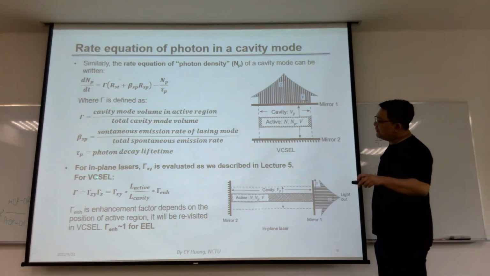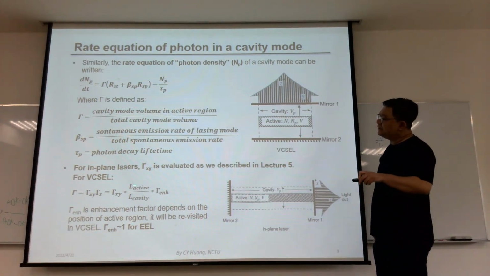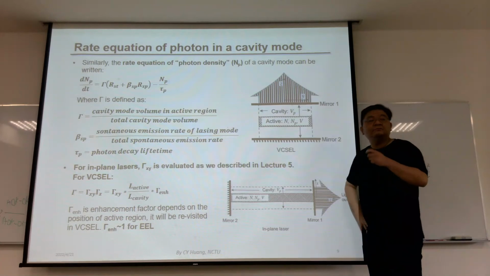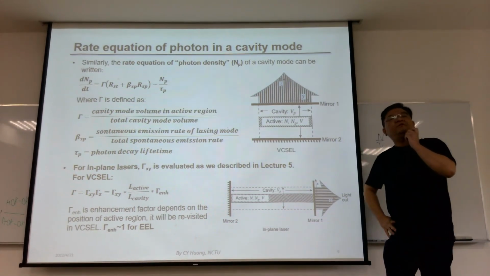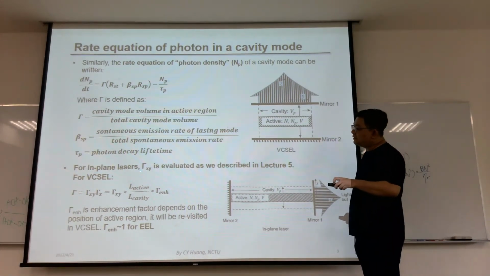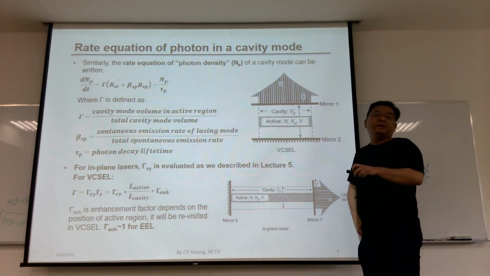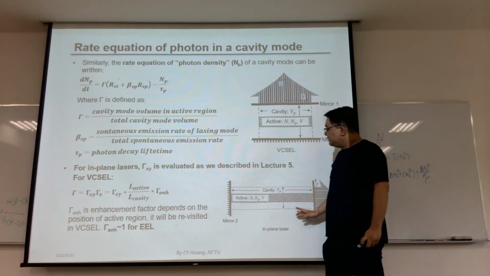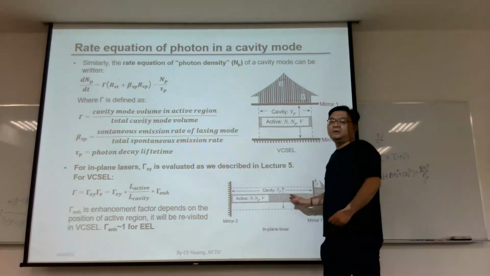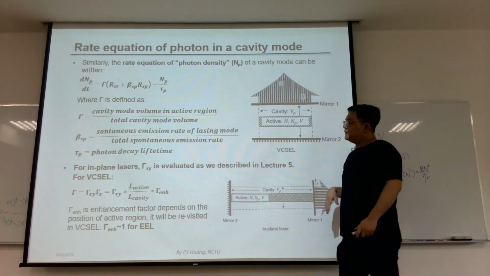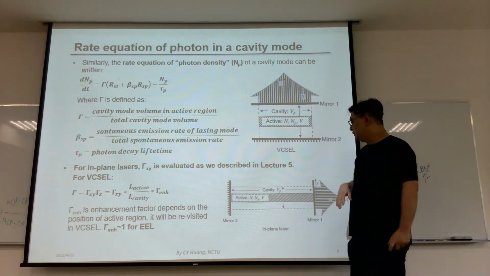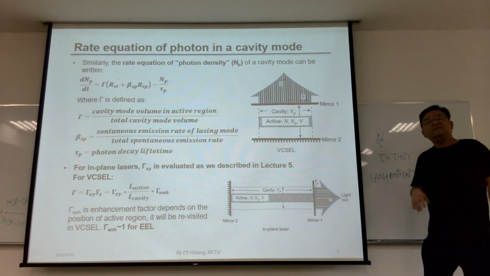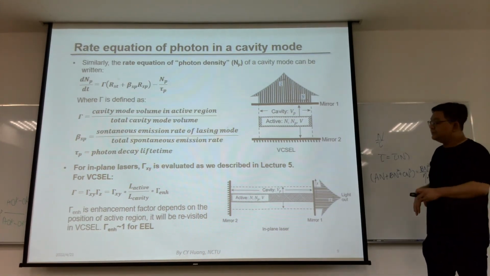And for slab lasers, we calculated in lecture 5, I suppose, the gamma XY in the effective mass way. But in a Fabry-Perot laser, some parts of the laser are not emitting light. We will show you a case.